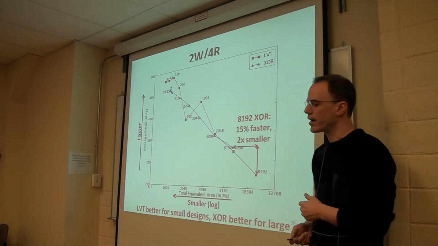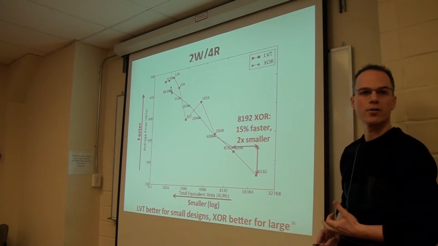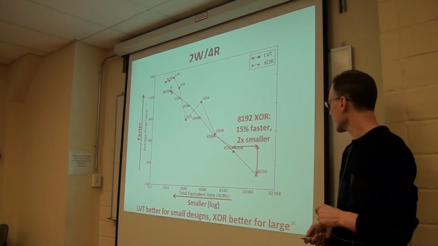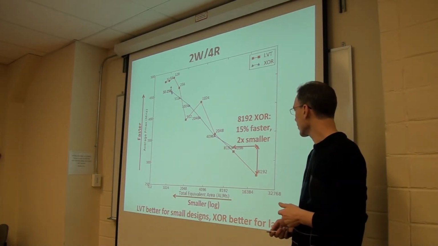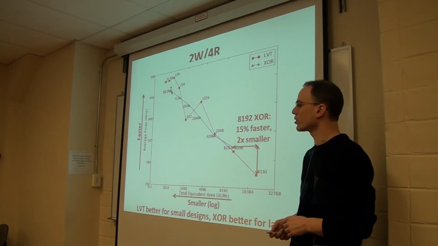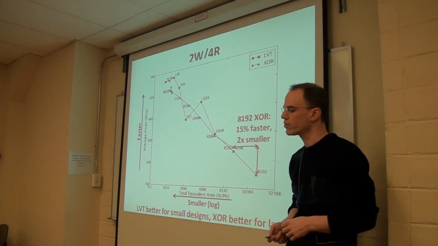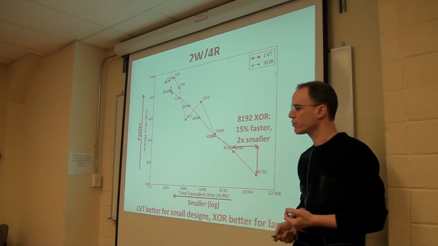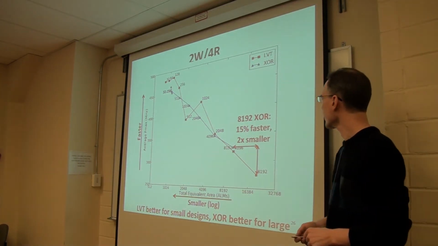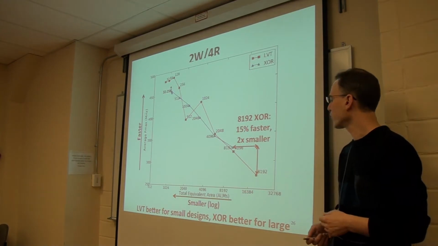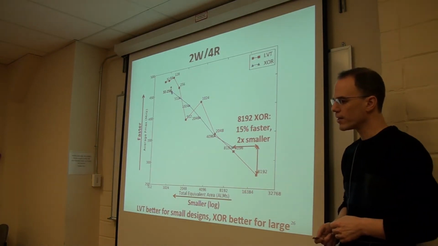As memories start to get large, the XOR design starts to get a little bit faster and takes significantly less total equivalent area. So it's almost half the size and about 15% faster than the equivalent live value table design.